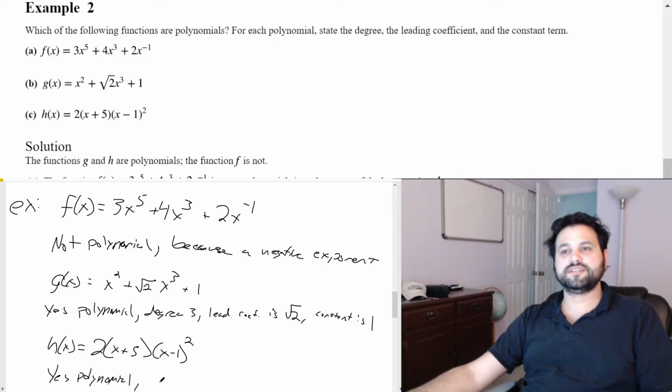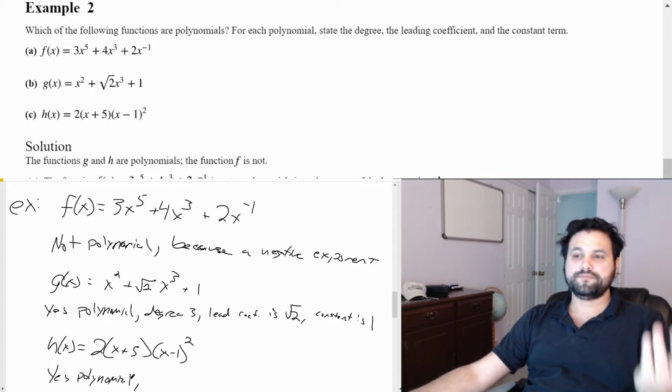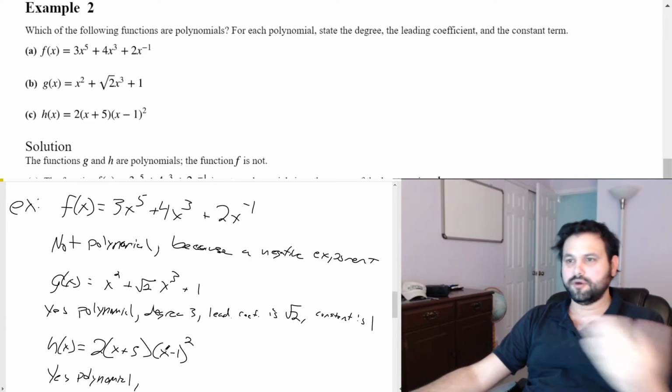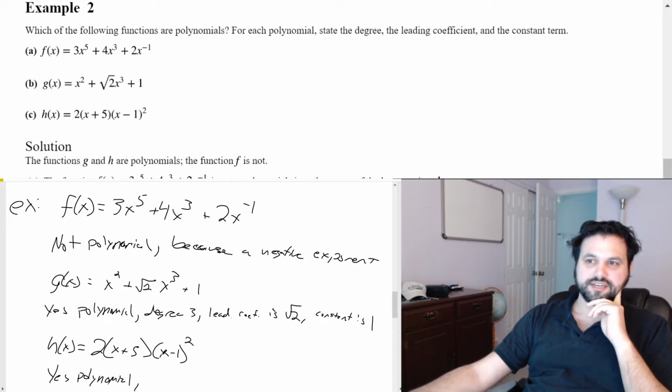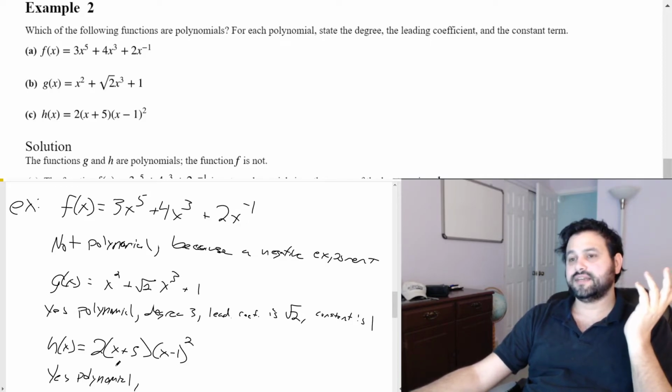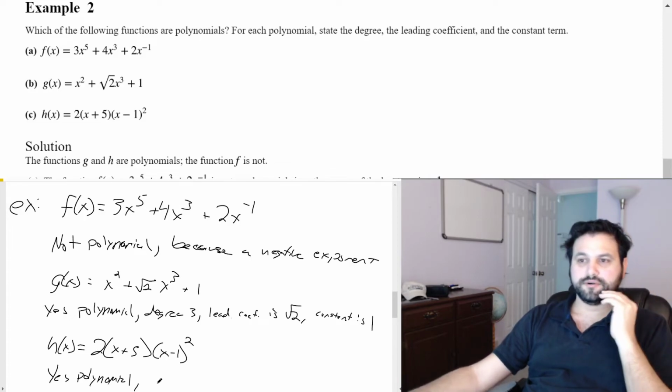Okay, so how do we determine the degree? Well, I don't have to multiply all of this out to find the degree. I know that this is going to give me an x squared, and then I'm going to be multiplying by this x again. That's going to lead me to the highest exponent. And so this is a degree 3 because there are two of them here, and then there's one of them in there.